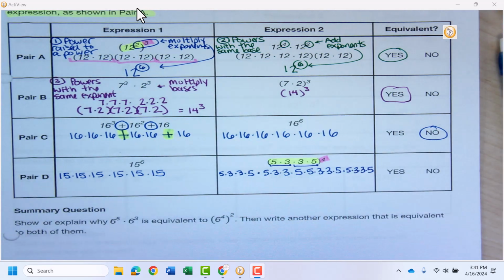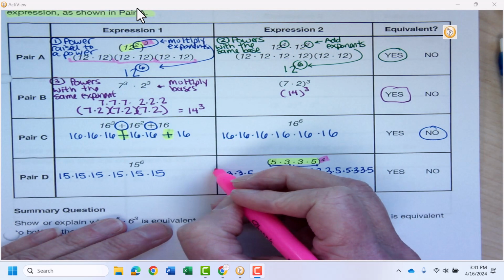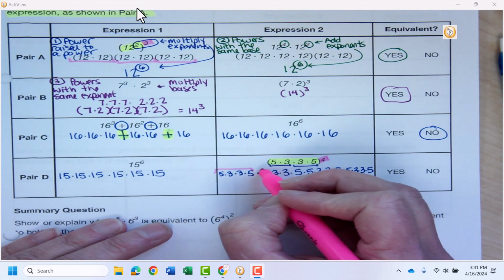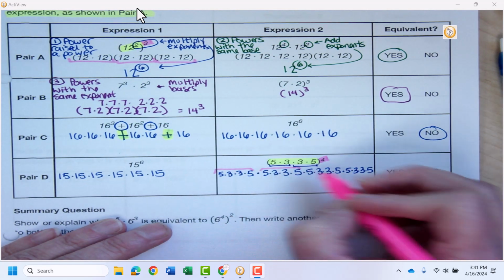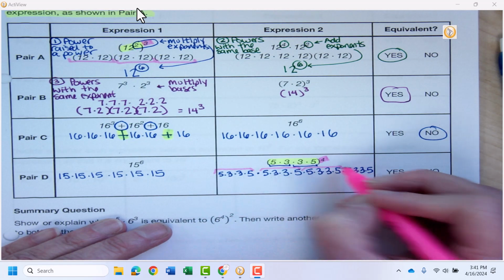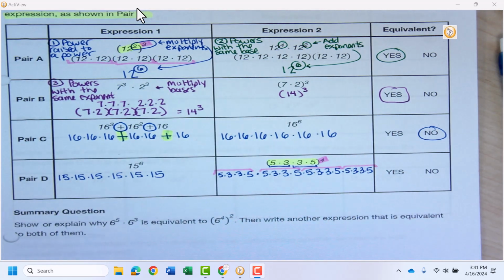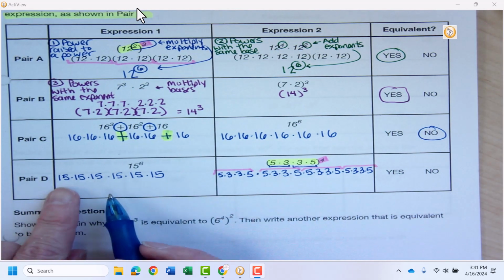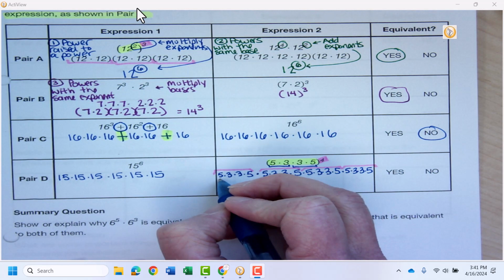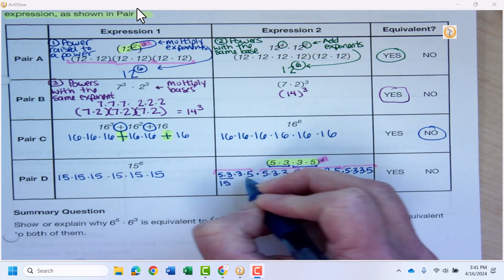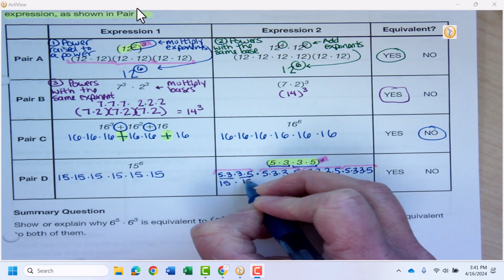Let me see if I can help us see that. There's 1, there's 2, there's 3, and there's 4. Okay, so I've raised this yellow stuff to the 4th power. Let's see how many 15s I really have there. That's a 15. That's a 15.